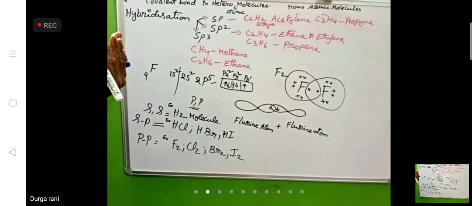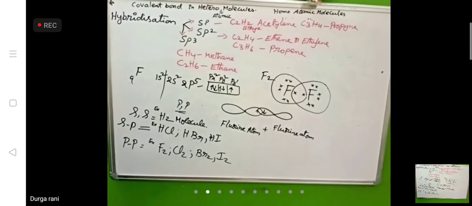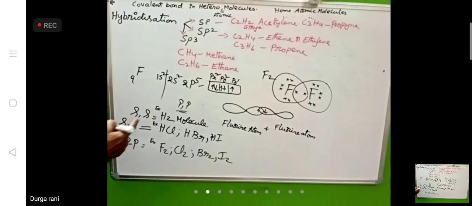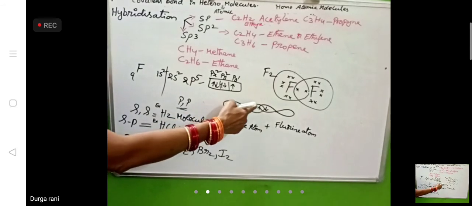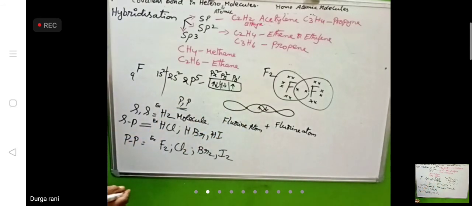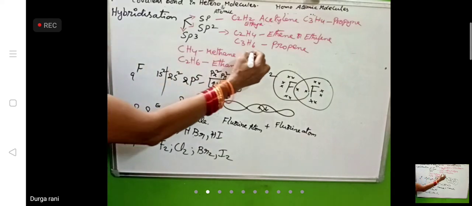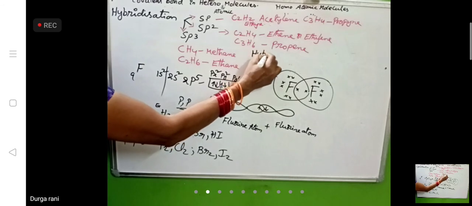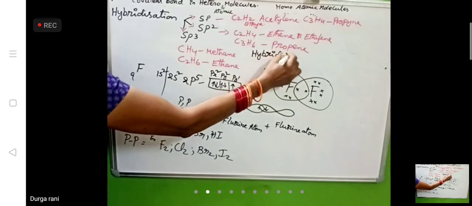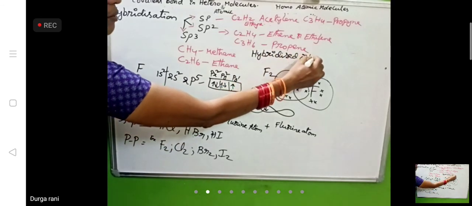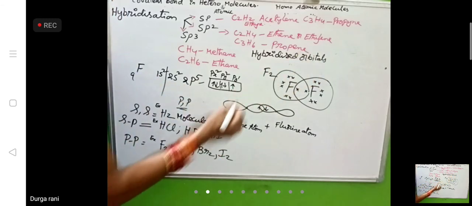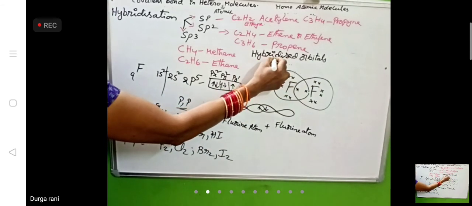Overlapping means one is coming close to the other one. Next, everywhere we are able to find whenever the hybridization has taken place. Condition one is hybridized orbitals always they form only the sigma bond.